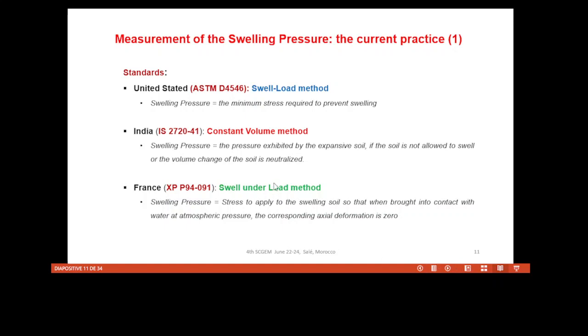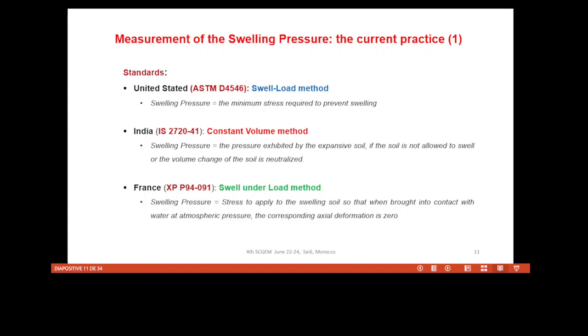So, considering the 3 standards we introduced, the one of ASTM uses the swell load method, and by definition the swelling pressure is equal to the minimum stress required to prevent swelling. For the Indian standard, the constant volume method, the swelling pressure is the pressure exhibited by the expansive soil if the soil is not allowed to swell or the volume change of the soil is neutralized.